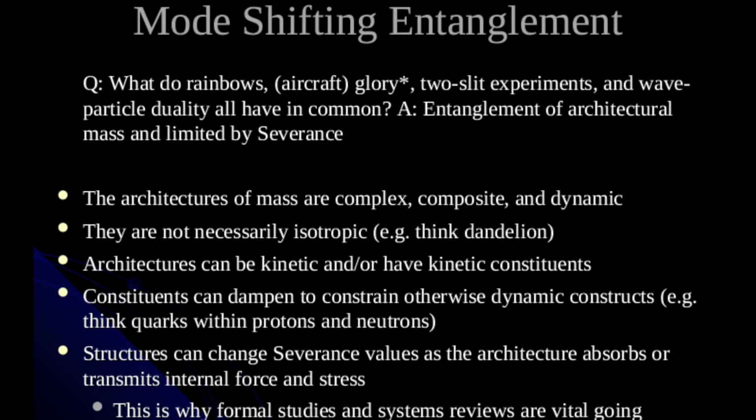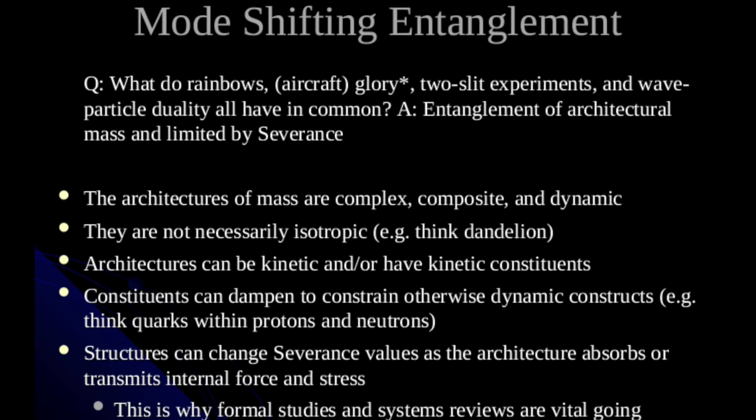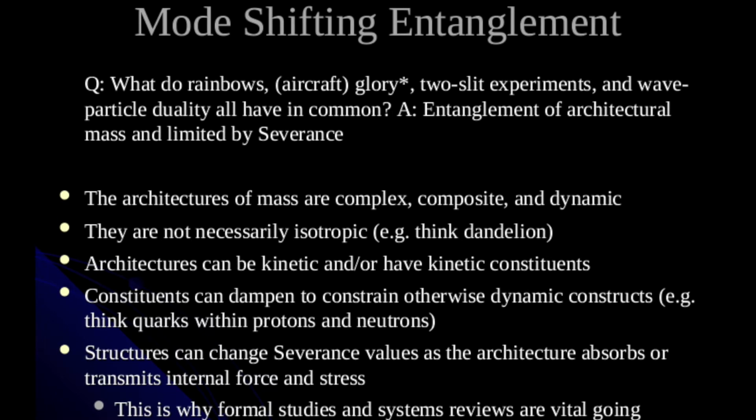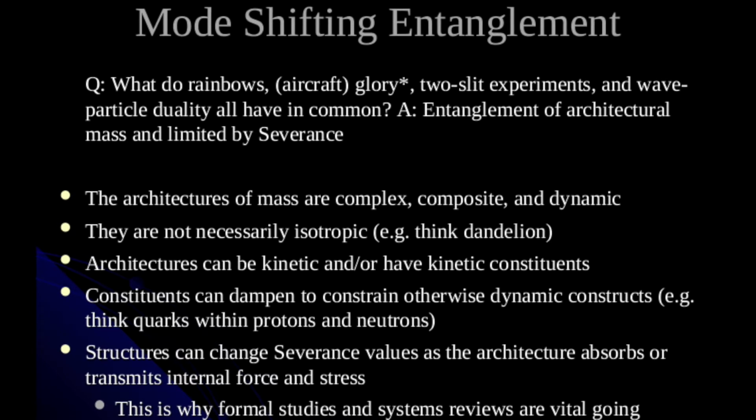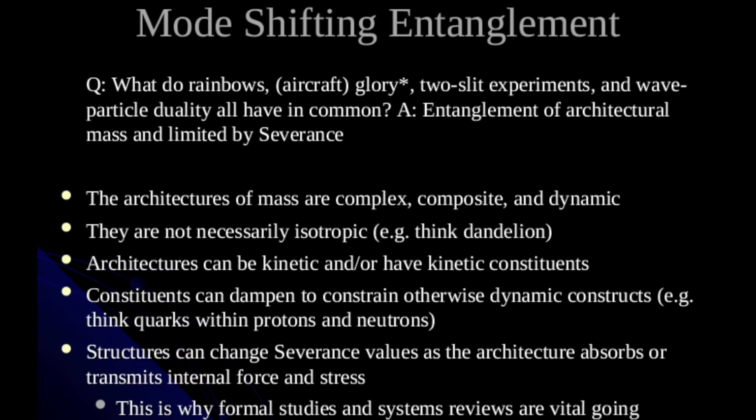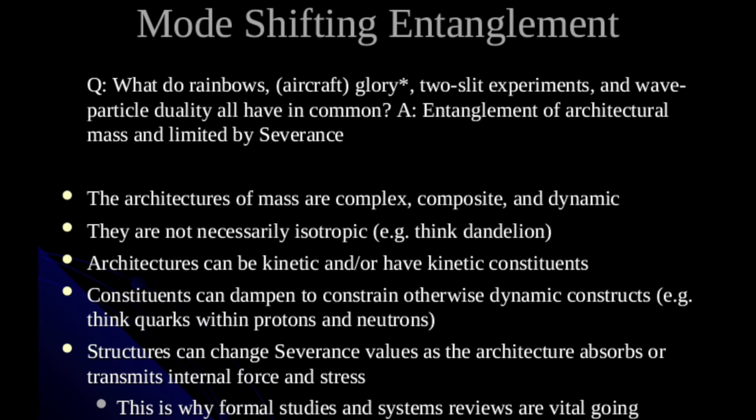It is a rainbow with the aircraft's shadow in the center of the rainbow, and it's a full circle rainbow. It's 360 degrees. So the question is, what do rainbows, glories, the two slit experiments in physics, and the wave-particle duality all have in common? And the answer to that question is entanglement of architectural mass limited by severance.